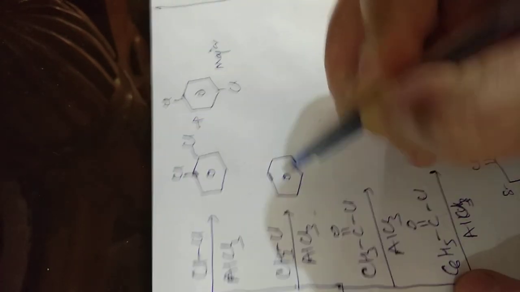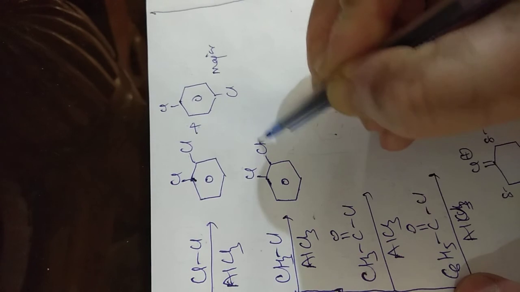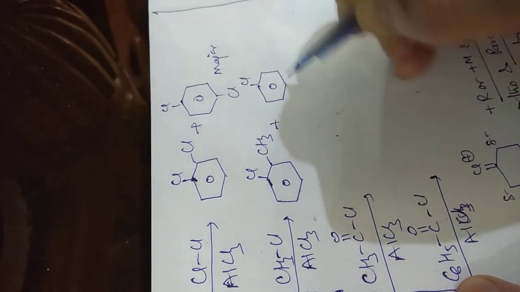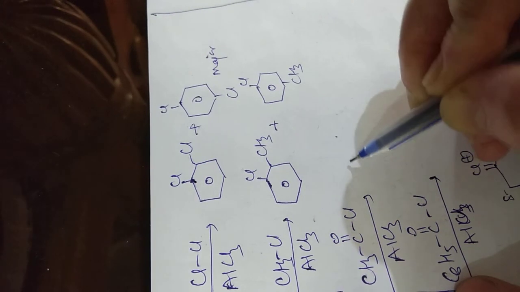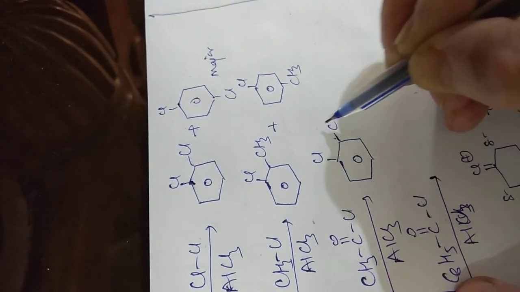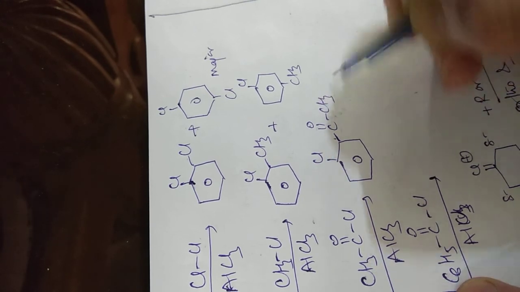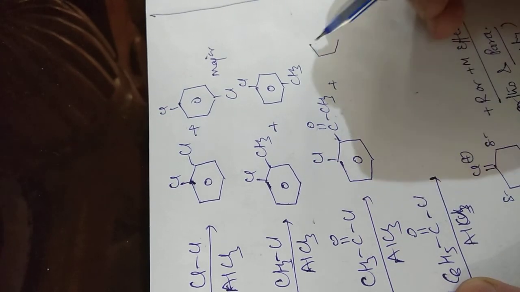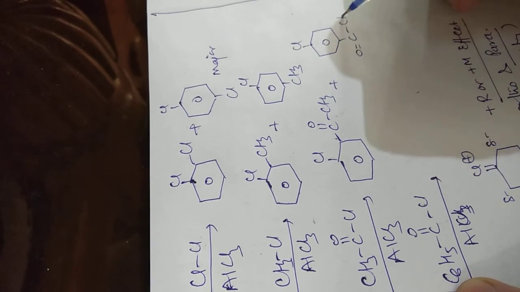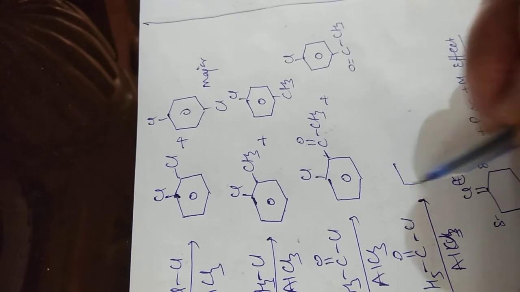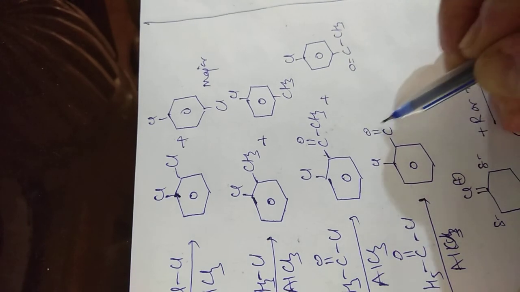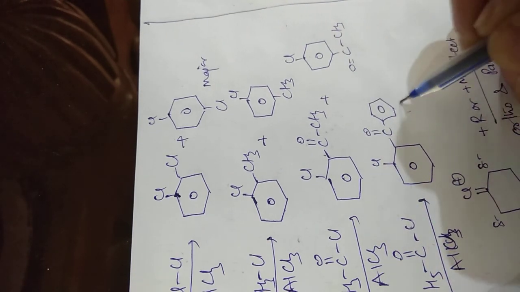With CH3Cl, the CH3 group will come at ortho and para. In acetylation, the acetyl group will come at ortho and para. In benzoylation, of course, the same way, the benzoyl group will come at ortho and para.